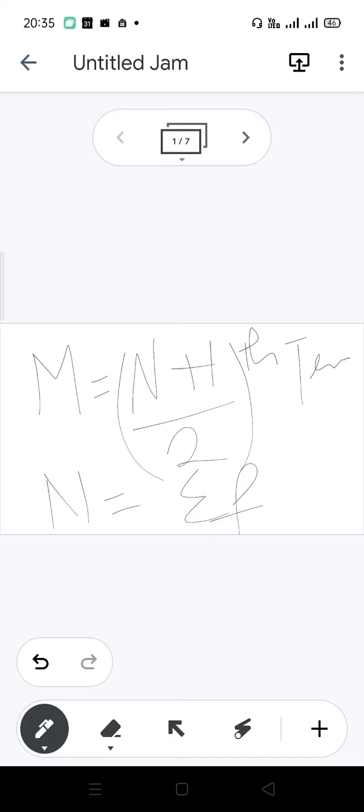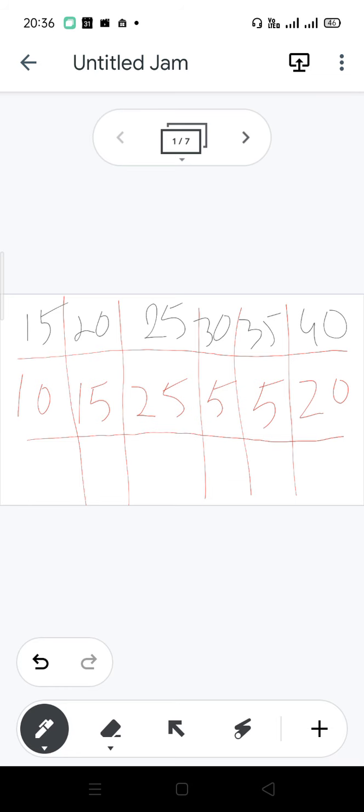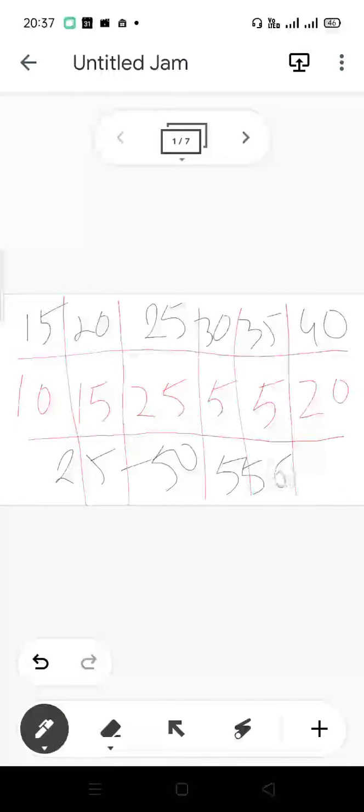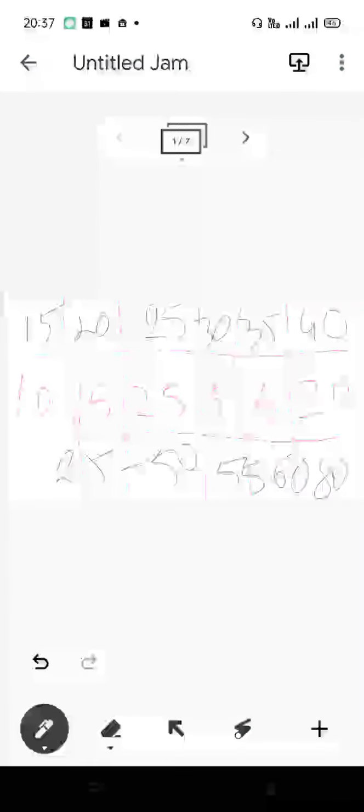Now if we see the sum again, we can see that the frequencies are 10, 15, 25, 5, 5 and 20. So we have to add 10 plus 15 plus 25 plus 5 plus 5 plus 20. 10 plus 15 is 25, 25 plus 25 is 50, 50 plus 5 is 55, 55 plus 5 is 60 and 60 plus 20 is 80.